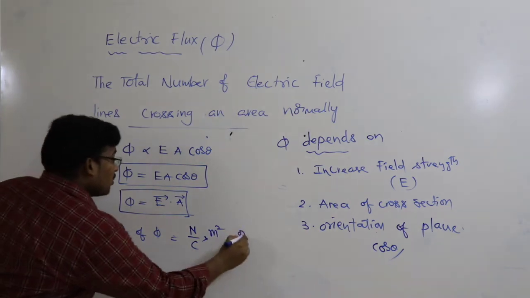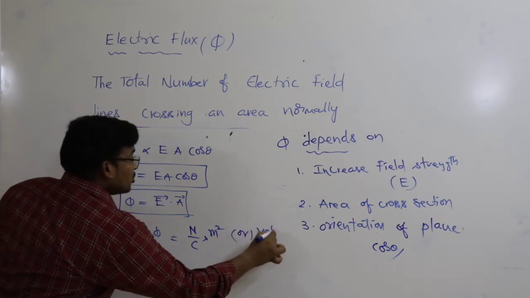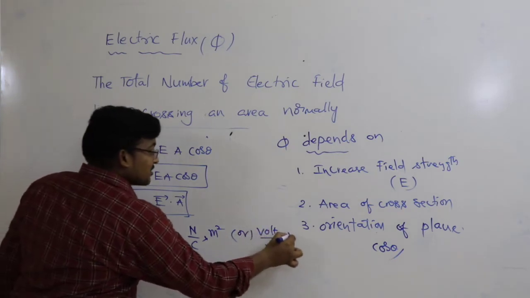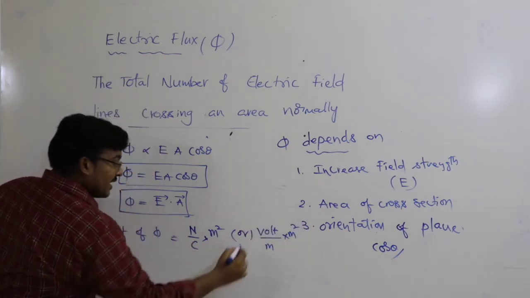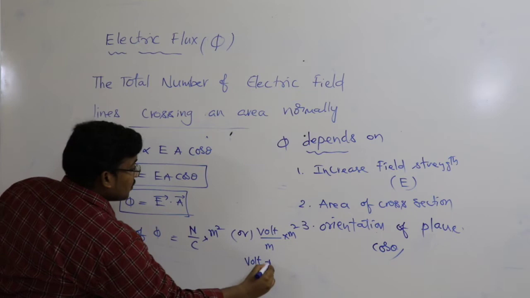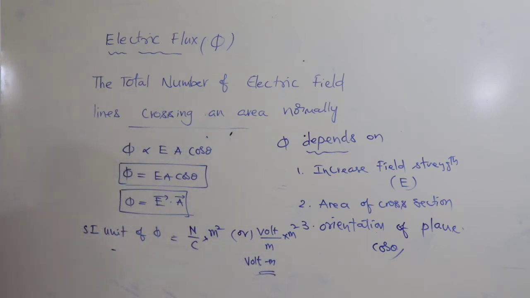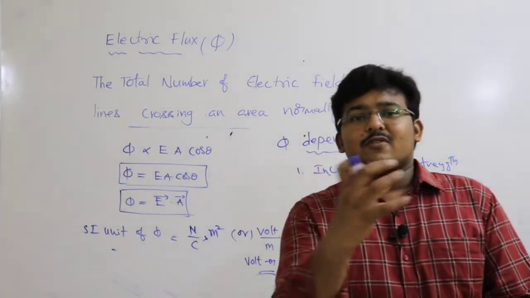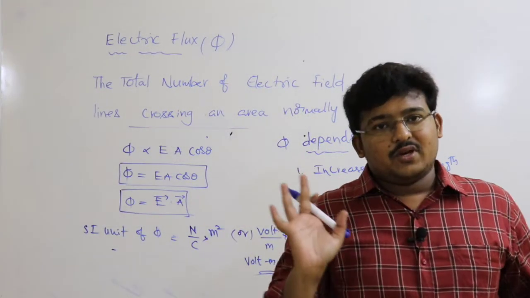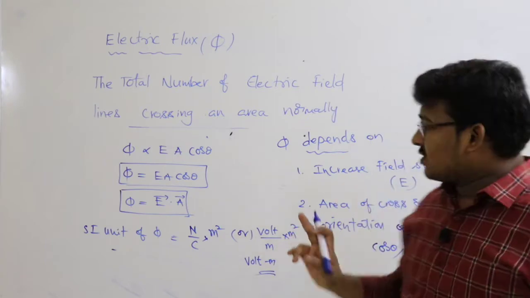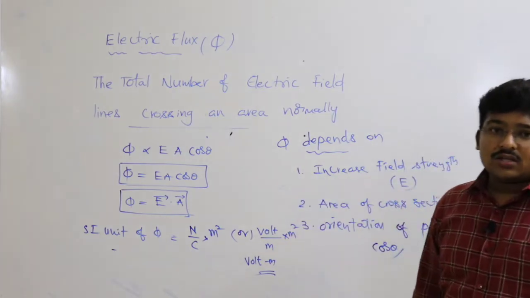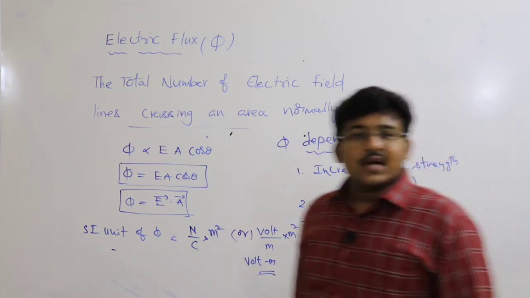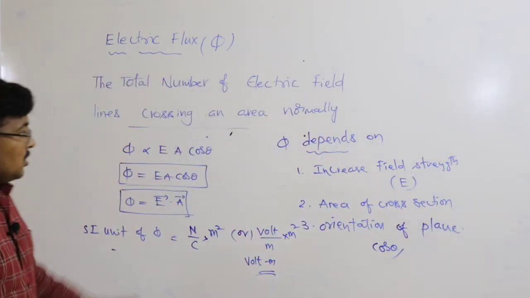So potential is volt, distance is meter and area is meter square. Hence one meter cancels. So volt meter is also the unit of flux. So simply flux is nothing but how many number of lines are passing through the surface normally. So what is the formula for flux? E A cos theta, in the vector form, dot product of electric field and area vector.